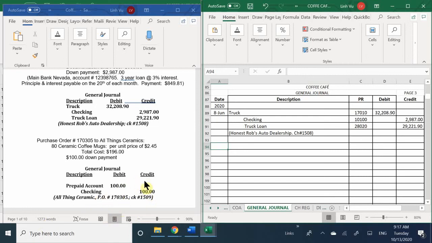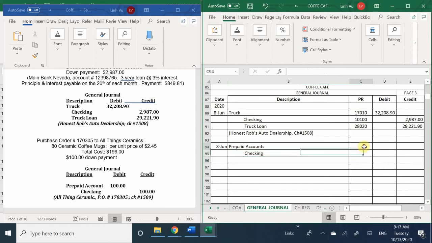Because I'm making a down payment, this is going to be considered a prepaid account. So here you go. I'm going to write prepaid accounts, and I'm also going to be writing a check.